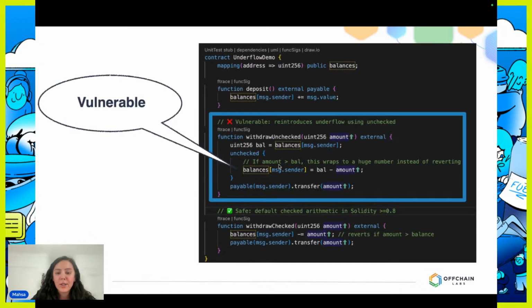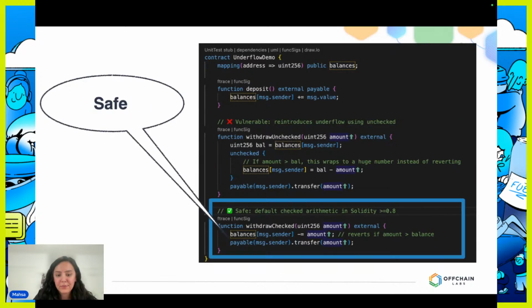So here is the vulnerable contract. The person wants to withdraw from the contract, and if the person tries to withdraw an amount that is bigger than their balance, this number wraps around to the maximum, and they can basically withdraw a huge amount from the contract.